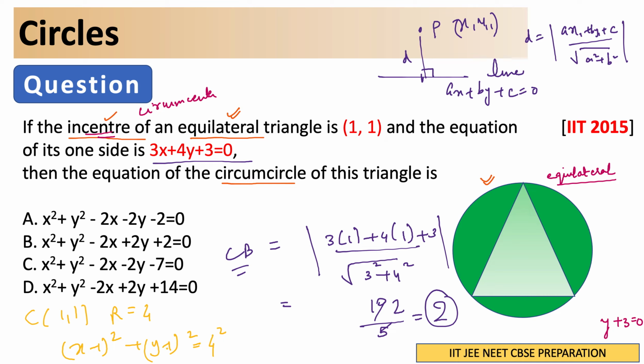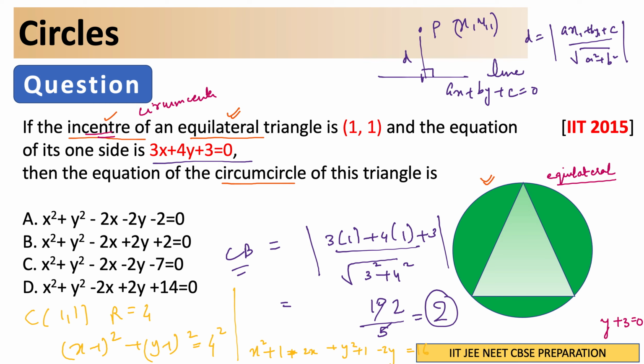So now you can expand this. So what are we going to get? Let's do the expansion. We're going to get x square plus 1 minus 2x, plus y square plus 1 minus 2y, is equal to 16.